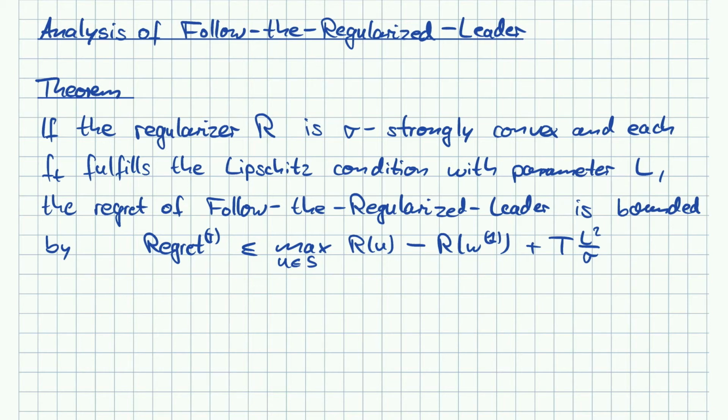Namely, what could we do? We could, for example, use follow the regularized leader with an entropic regularization. We already know what's happening because I've told you that this is the multiplicative weights algorithm. But we could instead use this Euclidean regularization.